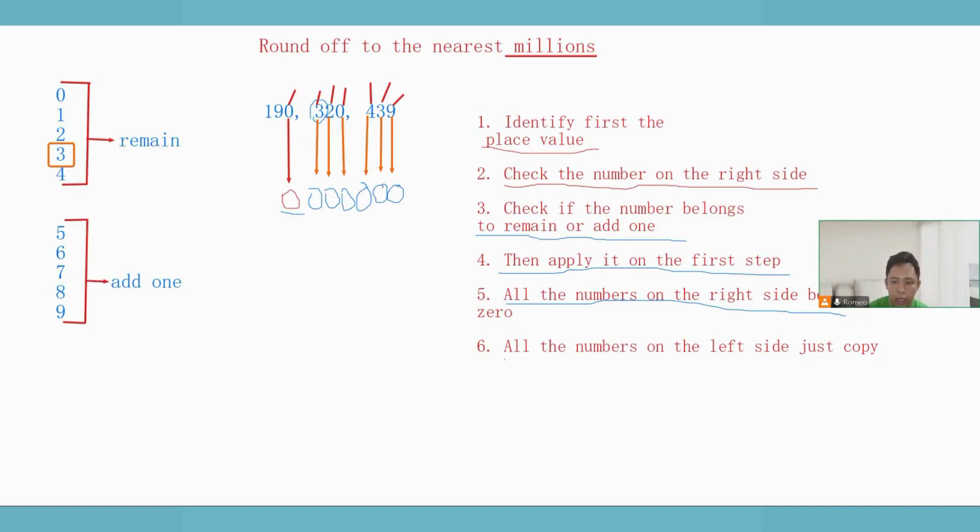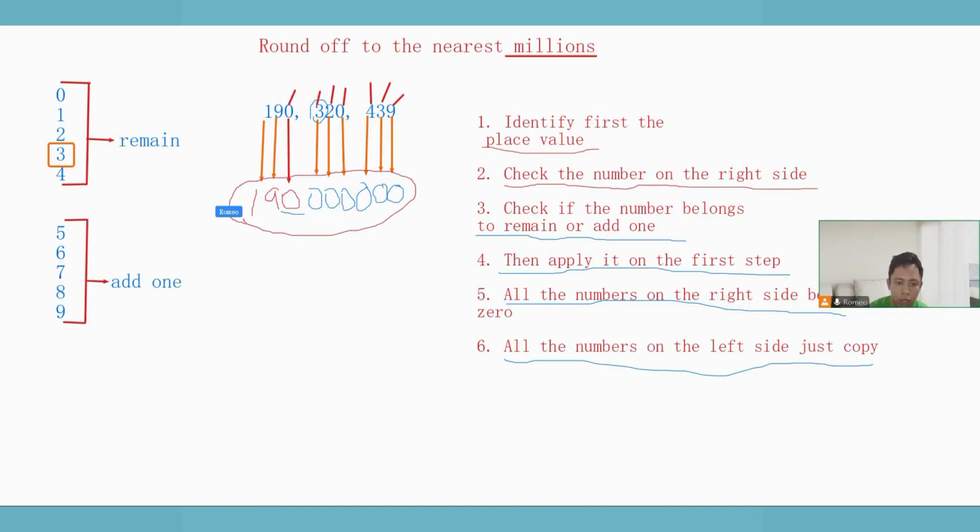Lastly, all the numbers on the left side we just copy. The numbers on our left side are 9 and then 1, so we copy the 9 and then the 1. This is our final answer.